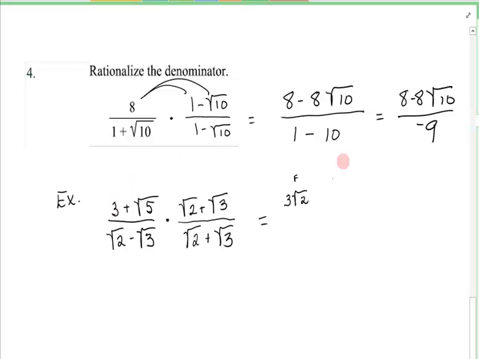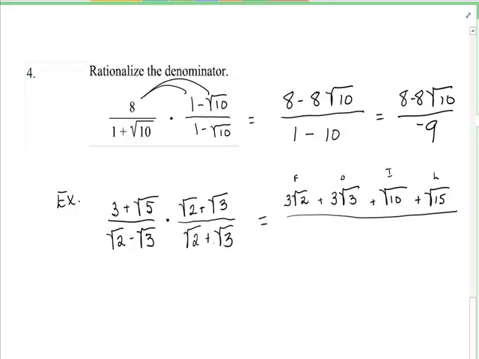The outer is 3 times the square root of 3. The inner is the square root of 5 times the square root of 2, which is the square root of 10. The last is square root of 5 times square root of 3, which is the square root of 15. And there are no like radicals up there.